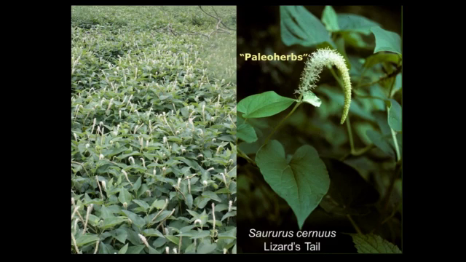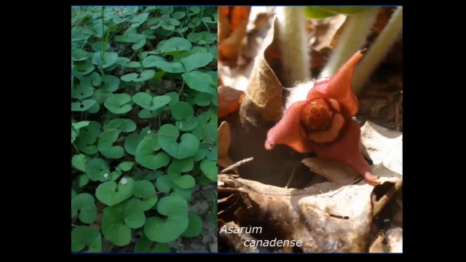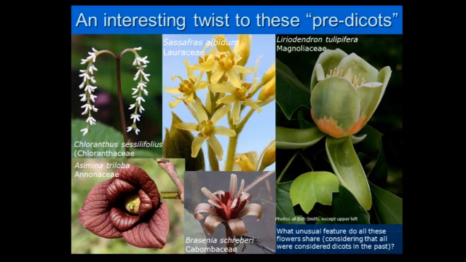Magnoliids are also primitive, and they include not only dinosaurian things like magnolia, but also another interesting and unusual sidelight to our understanding of flowering plants, and that is that not all these extremely primitive things were woody. A lot of them were herbaceous. So the word of the day is paleoherb. A lot of these primitive things were herbaceous plants.